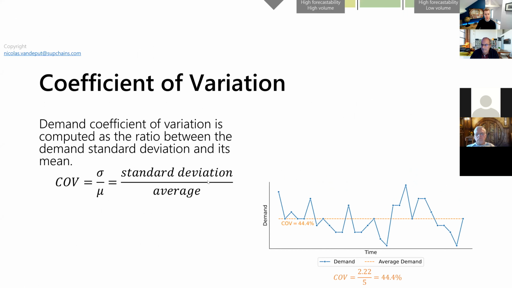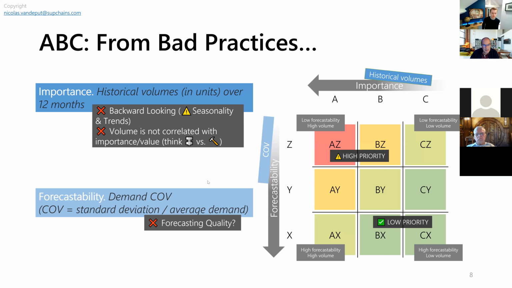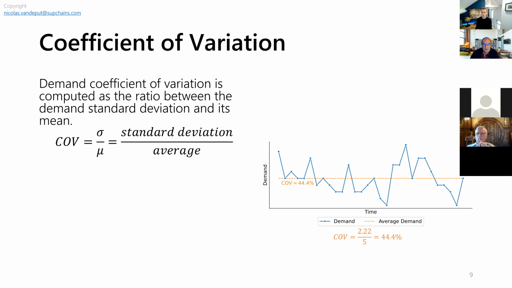First question, which is, could we use COV if we try to remove seasonality? Let me try to go back quickly to the question of, should we use COV to assess forecastability? For me, COV really has a few issues. First, COV is not your forecast. So if the question is, which product should you spend time on?